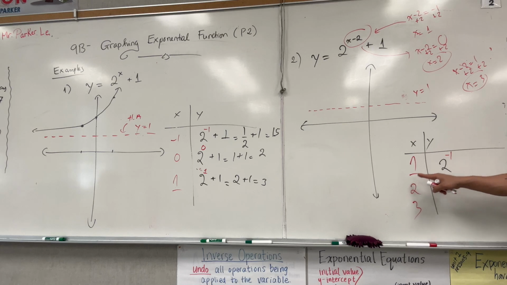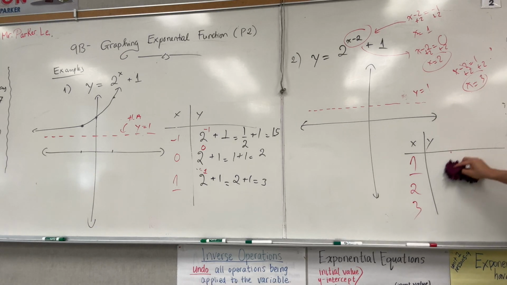So you don't need to plug in 1 there. You just know that the power is going to be negative 1. But if you're not sure what I'm talking about, just plug in normally. Okay. 1 minus 2 plus 1. So 2 to the negative 1 plus 1. 2 to the negative 1 is 1 half. 1 half plus 1 is 1.5. Okay.